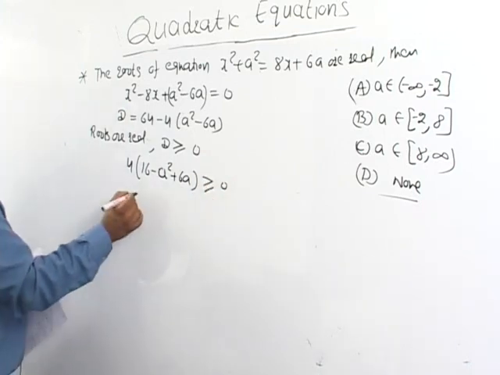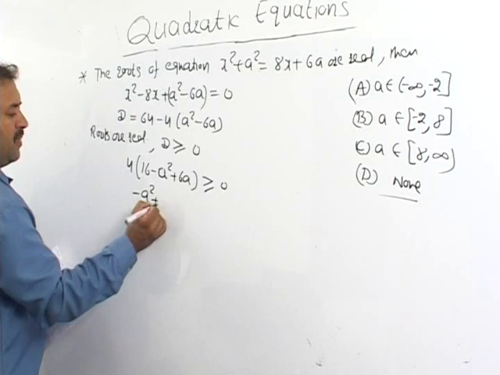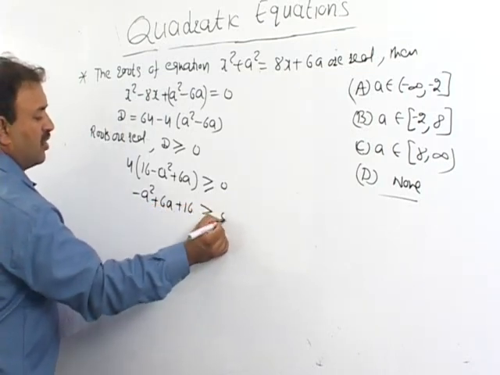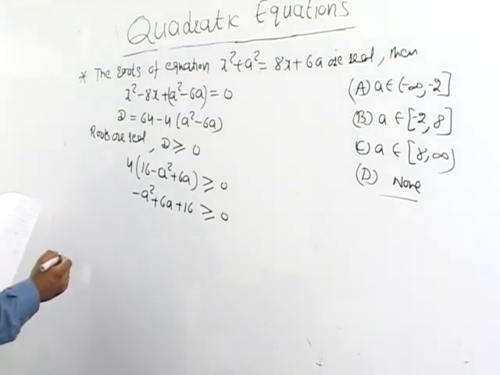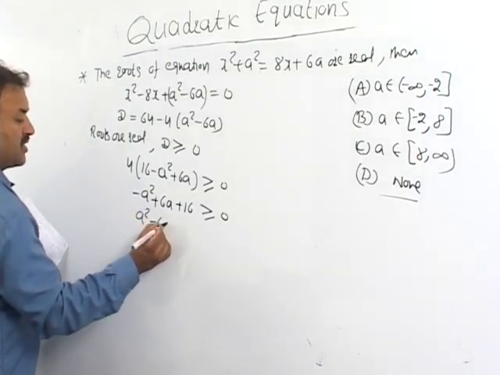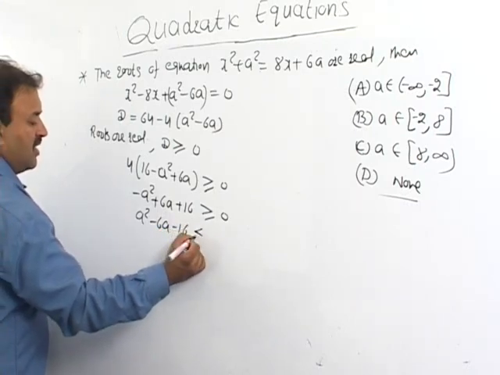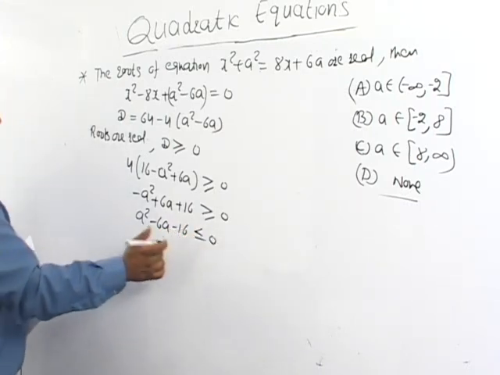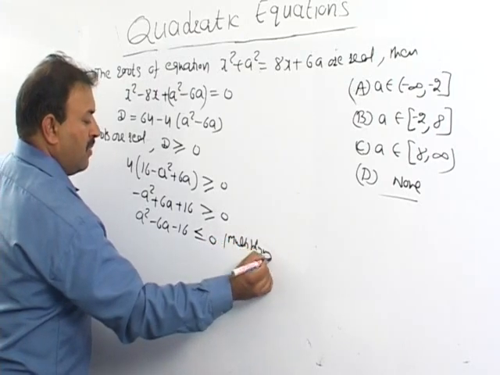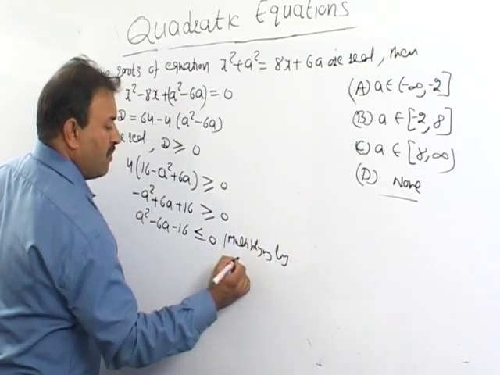We can say minus a square plus 6a plus 16 greater than equal to 0. We'll try to make it positive. This one is a square minus 6a minus 16 less than 0. We got this by multiplying by minus 1.